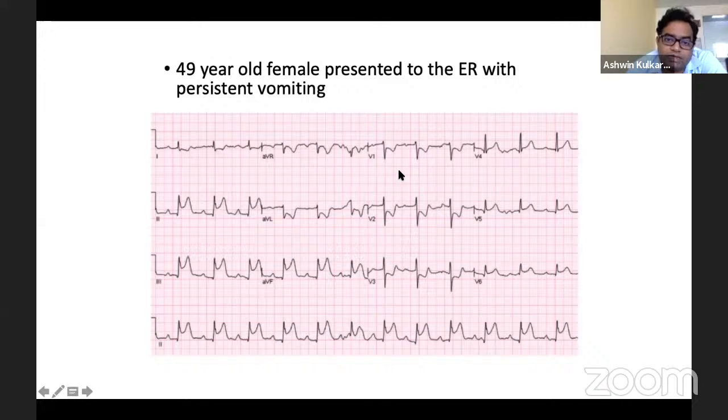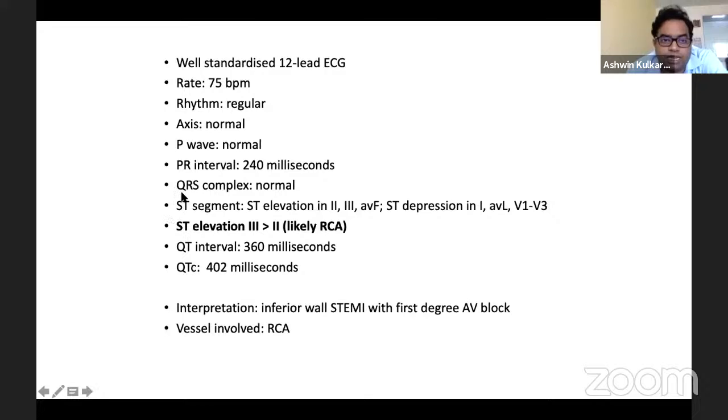For the right ventricle, there has to be ST elevation in V1 and also in the lead called V4R, which is generally placed on the right side of the chest. So in this patient, there was ST elevation in lead 2, lead 3, AVF, and ST depression in lead 1, AVL, and V1 to V3.